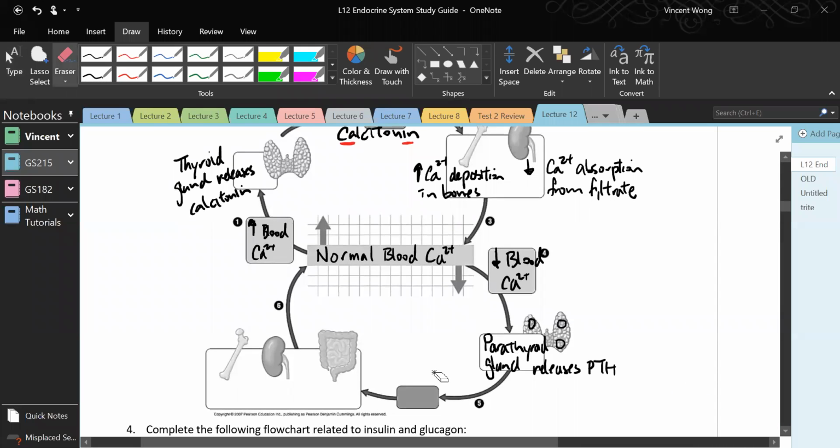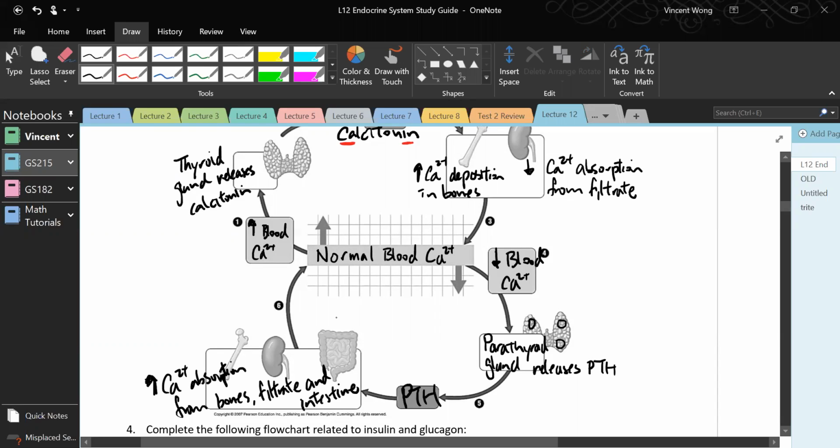The parathyroid gland will then release the PTH, which would have an effect on the bone, the kidney, and the intestine to help bring the calcium level back up. Now that we don't have enough calcium, we're going to take it from the bones. So you will increase calcium absorption from 3 sources: bones, filtrate, and intestine.